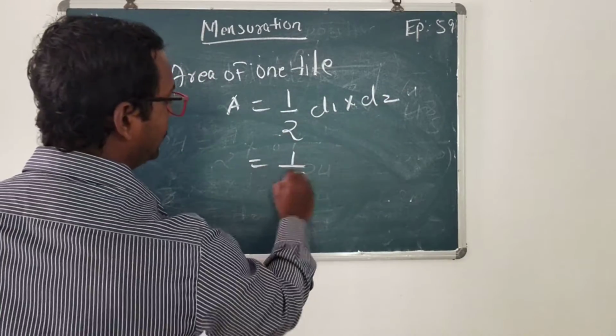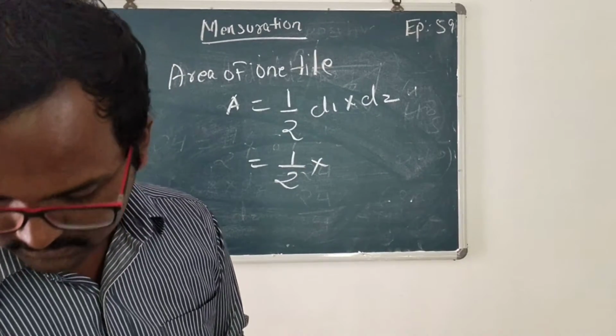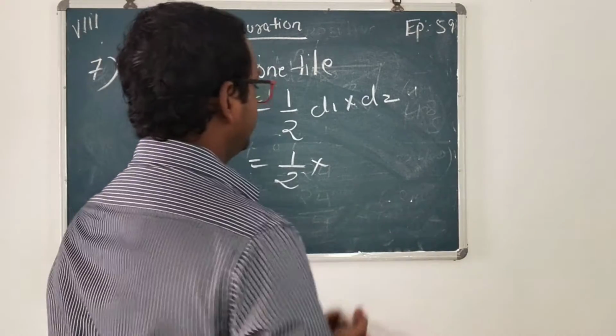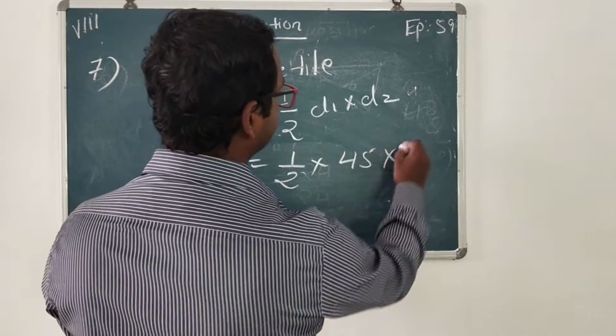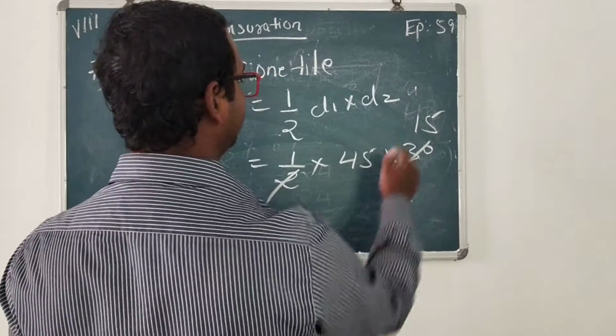So half d1 is how much? d1 and d2 here are given as 45 and 30. So 45 and 30, this will become 15 into 45.